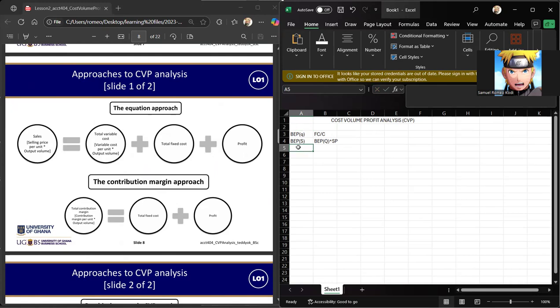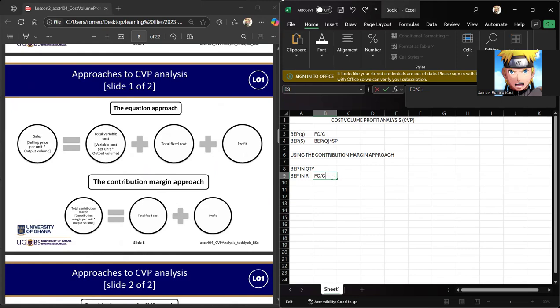This is the equation approach. Now using the contribution margin approach, our BEP in quantity can be the same, but our BEP in revenue equals our fixed cost over the contribution margin ratio, also called contribution per sales ratio, whatever you can call it.